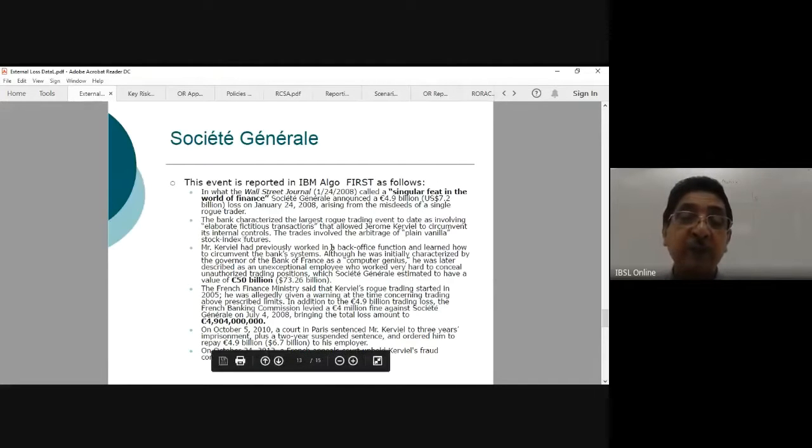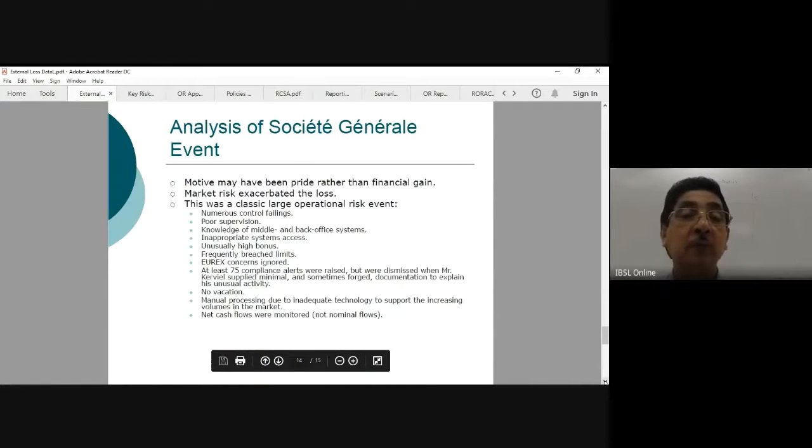Now this gives you certain types of news items with regard to certain organizations. Now this is an analysis of a particular bank which we call Societe Generale.